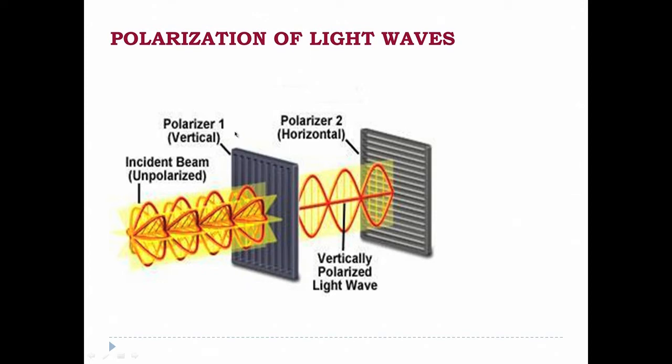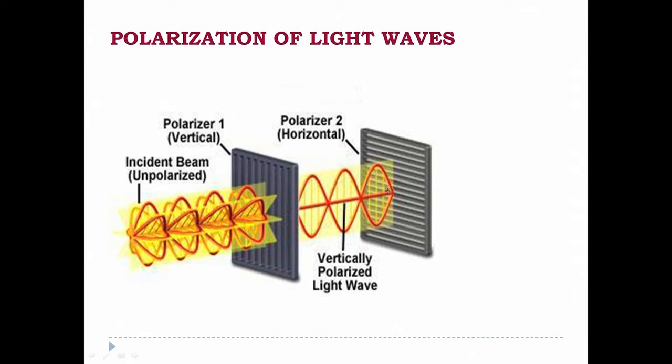Now, I put one polarizer, a vertical polarizer. What it will do is it will stop the vertical electric field. So, in the outcoming radiation, before the polarizer there are two components, here it is only one component.